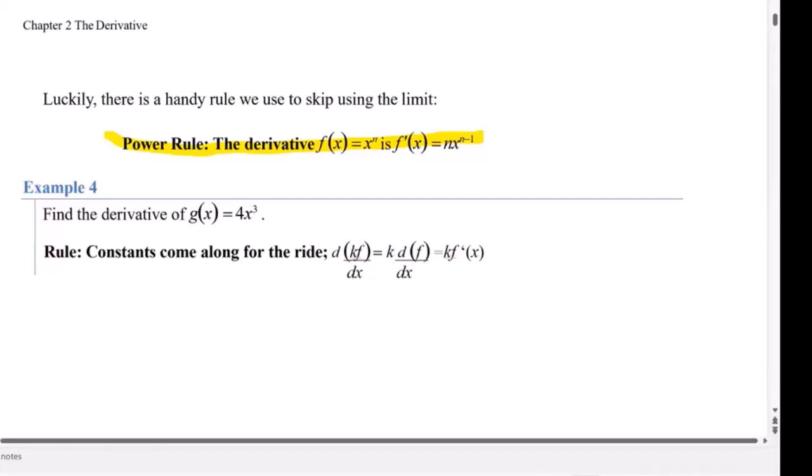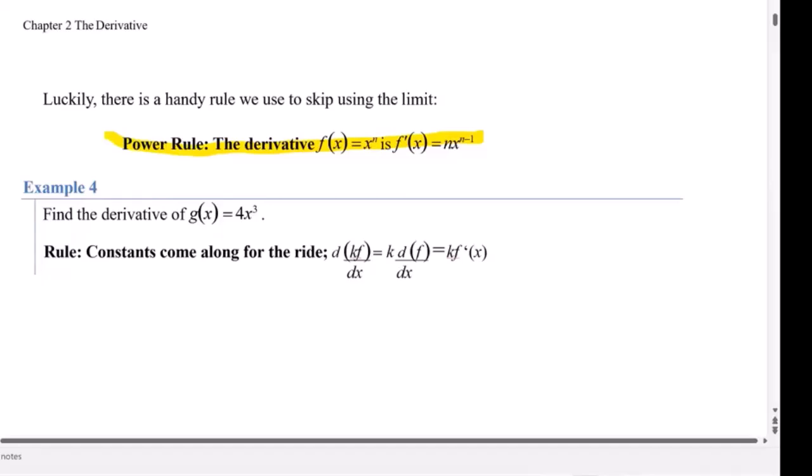All right. So it says rule, constants come along for the ride. So if I have the derivative of a constant times a function, that's equal to the constant times the derivative of the function, which is exactly what this says. Okay, so what does this mean?